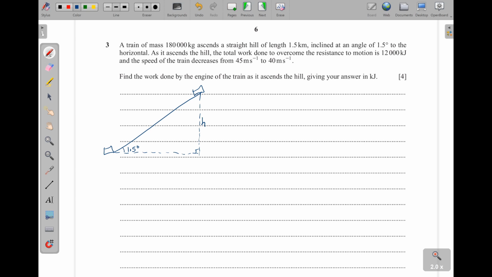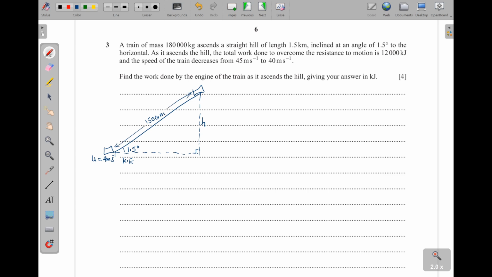So as it is starting here, since there is speed, which is 45 meters per second, that means here we have kinetic energy. Then it moves 1,500 meters, which is the same as 1.5 kilometers.